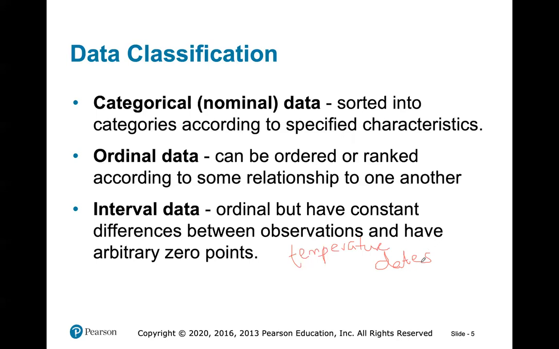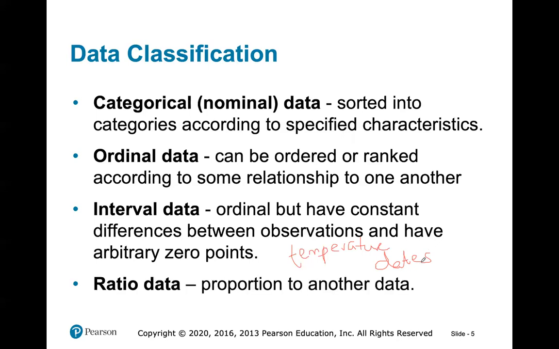Now the final one is what we call ratio data. Ratio data is data that is in proportion to another. Generally, ratio data is numerical data. For example, sales, cost, revenue, profit, all those are ratio data. Like for example, you have $2.90.